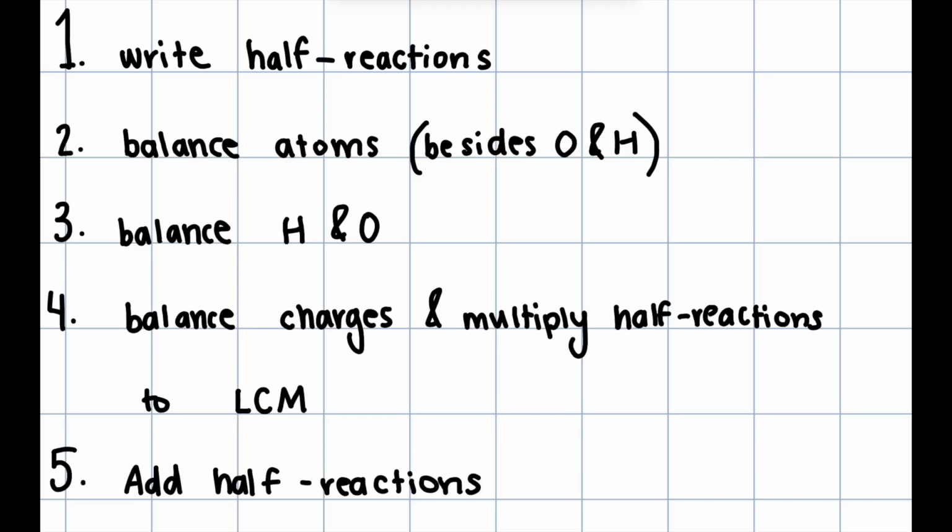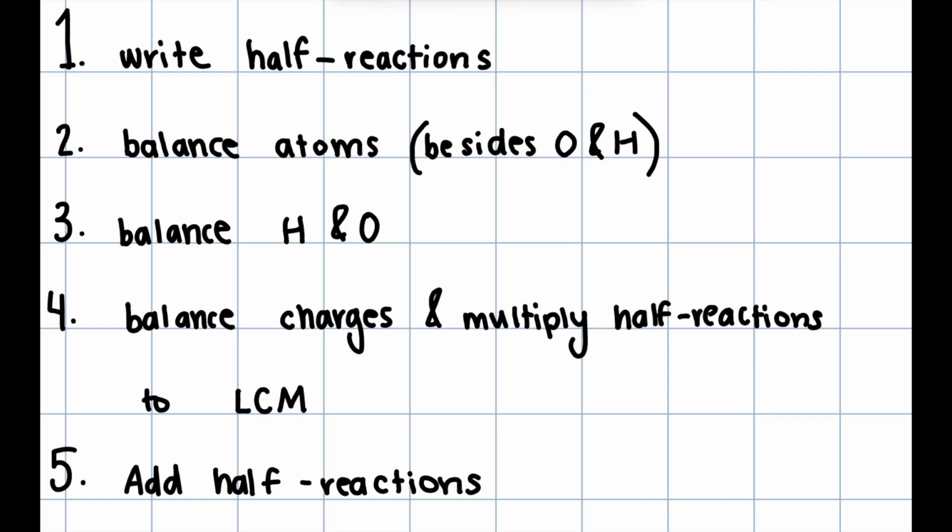Just to reiterate, we were asked to balance an equation in acidic conditions, and the equation was the copper sulfide plus nitrate reacting to form the copper 2 ion, nitric oxide, and hydrogen sulfate. And we did so by writing half reactions, balancing the atoms besides the oxygen and hydrogen, and then balancing the hydrogen and oxygen atoms.